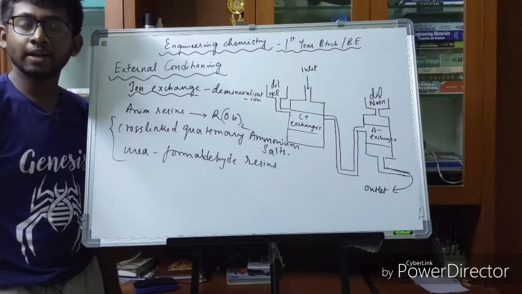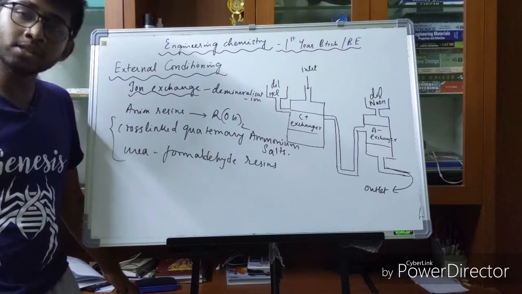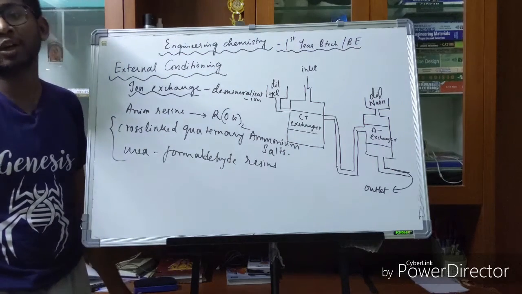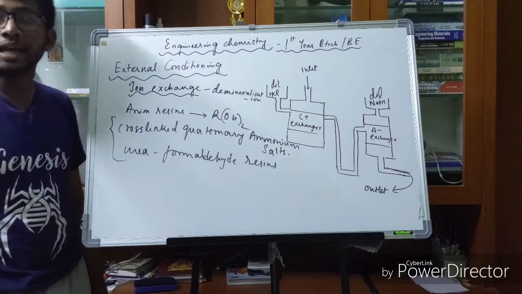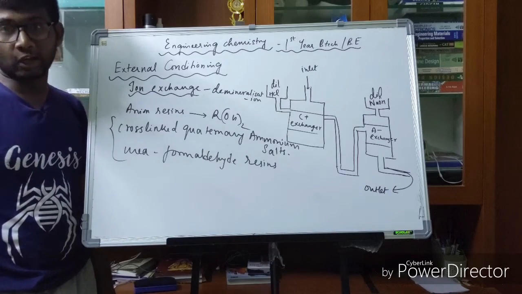Anion resins are represented by ROH twice, and the main aim of these anion resins is to exchange their anion with the anion which must be removed. The anion which is removed in general is the OH minus anion.